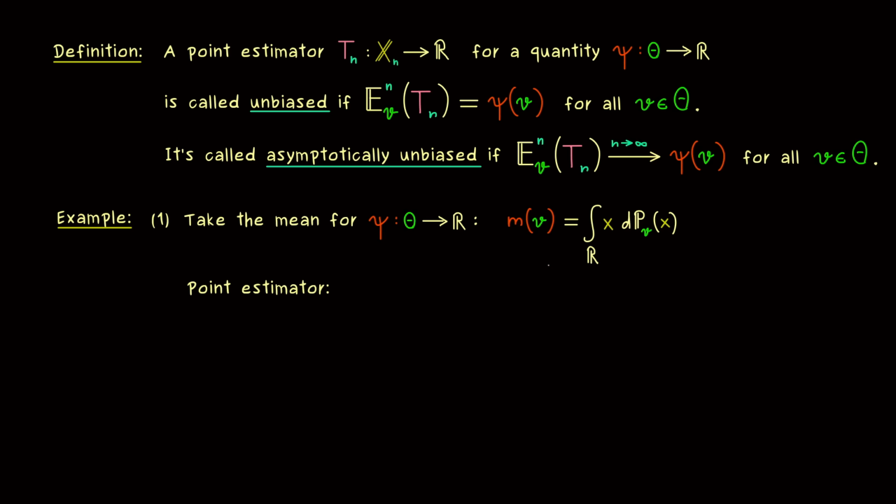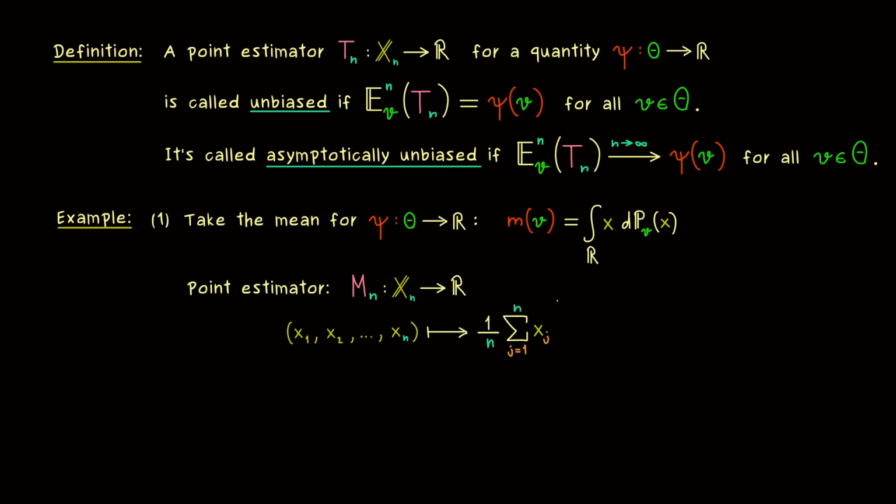And now, as you might already know, we have a good point estimator for this expectation, which we call the sample mean. And in order to keep it consistent here, let's use mn instead of tn. Hence, mn of such a sample is just given by the standard average of the numbers. So we have 1 over n times the sum of the lowercase x's.